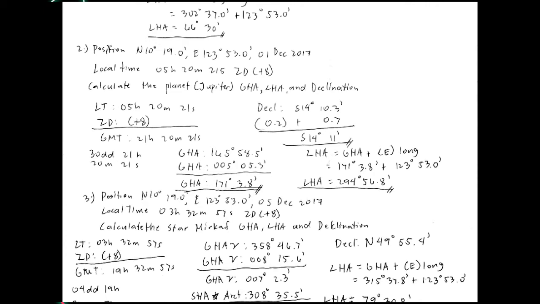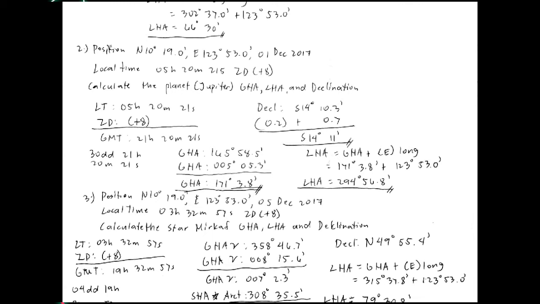We have 165 degrees 58.5 minutes. Next is 005 degrees 05.3 minutes, found in the almanac. We will add them to get the final GHA of 171 degrees 3.8 minutes.